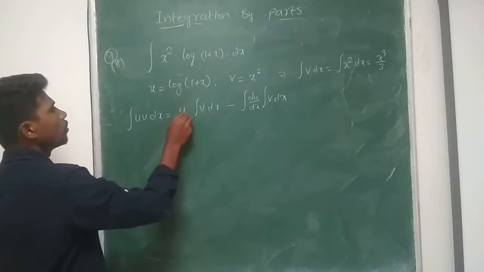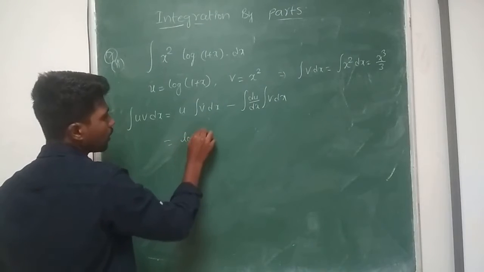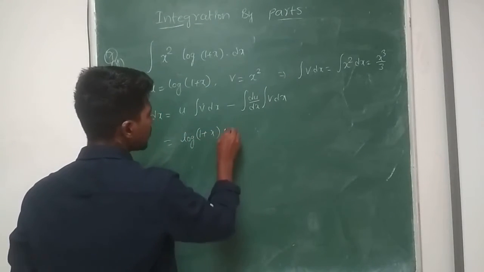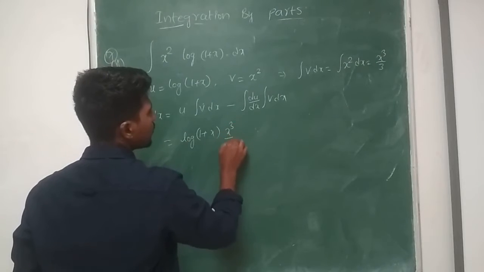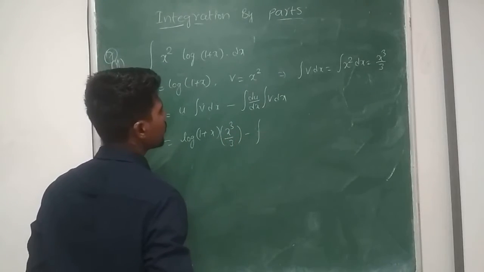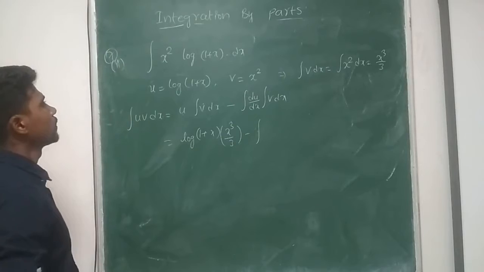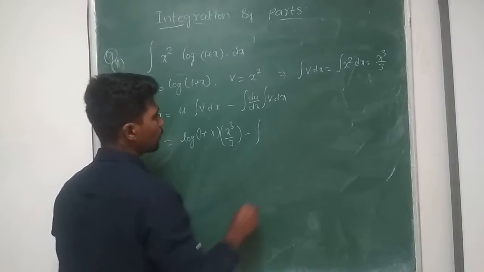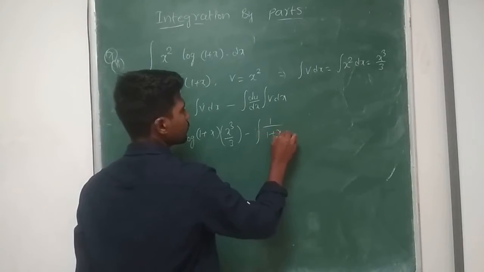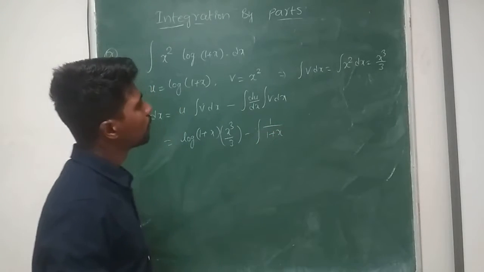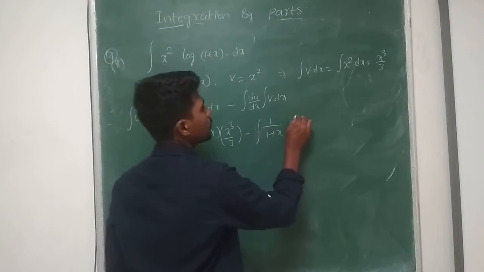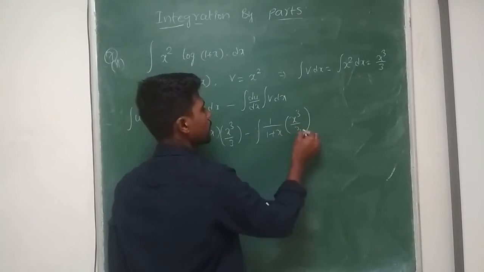Now what is u? u is log 1 plus x, integral v dx is nothing but x cube by 3, minus integral du by dx, the differentiation of u with respect to x, which is nothing but 1 by 1 plus x, into integral v, which is x cube by 3.